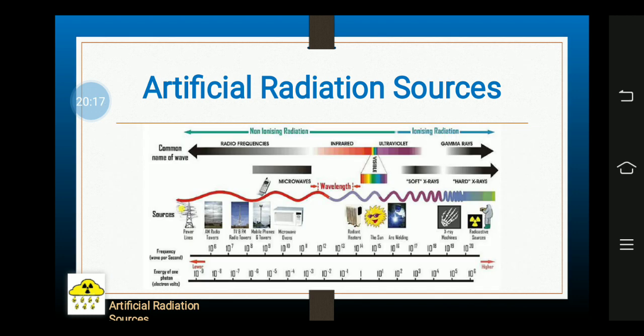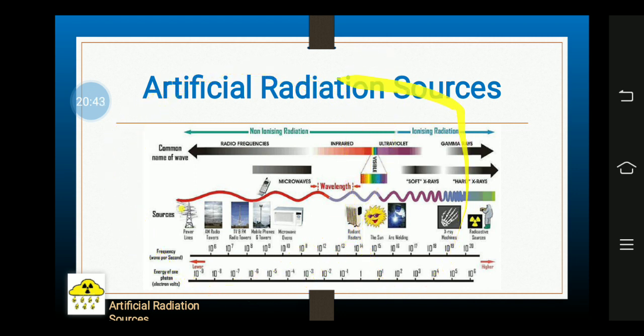If you can see, there are two divisions of this electromagnetic spectrum, non-ionizing and ionizing radiation. So the higher the frequency and the energy, of course, we can categorize them as ionizing radiation. Of course, they have shorter wavelengths compared with the non-ionizing radiation.